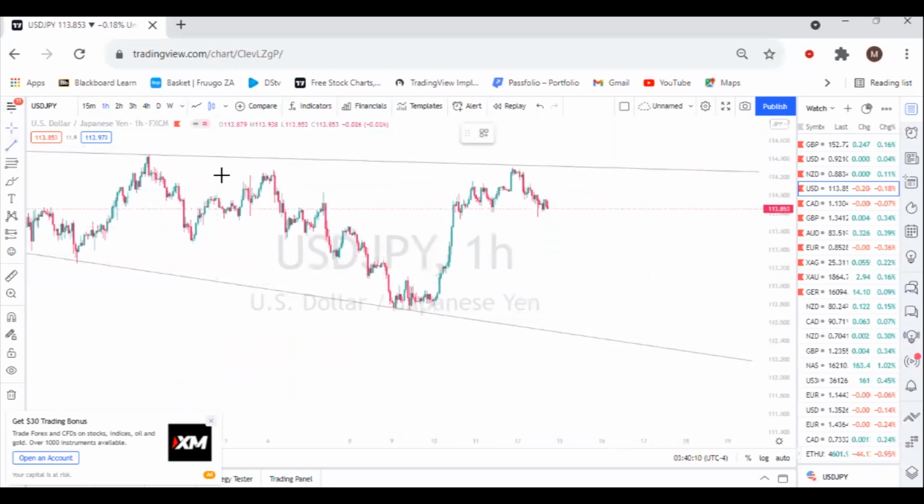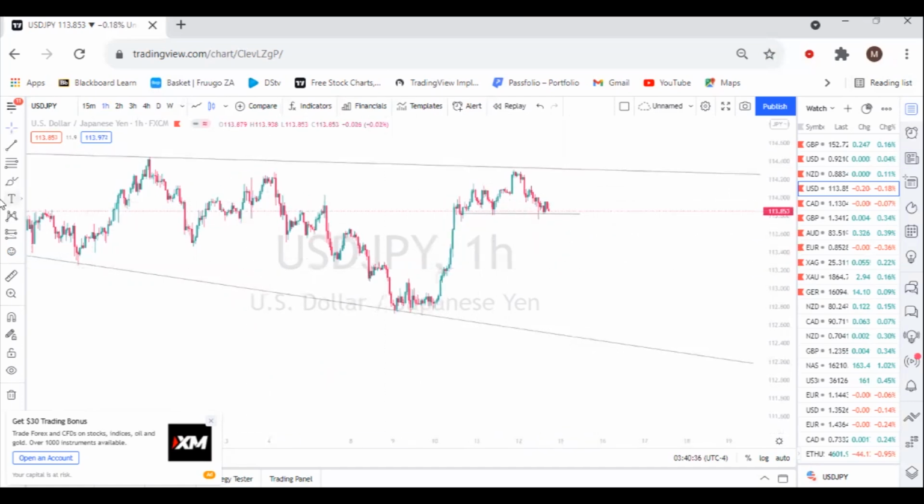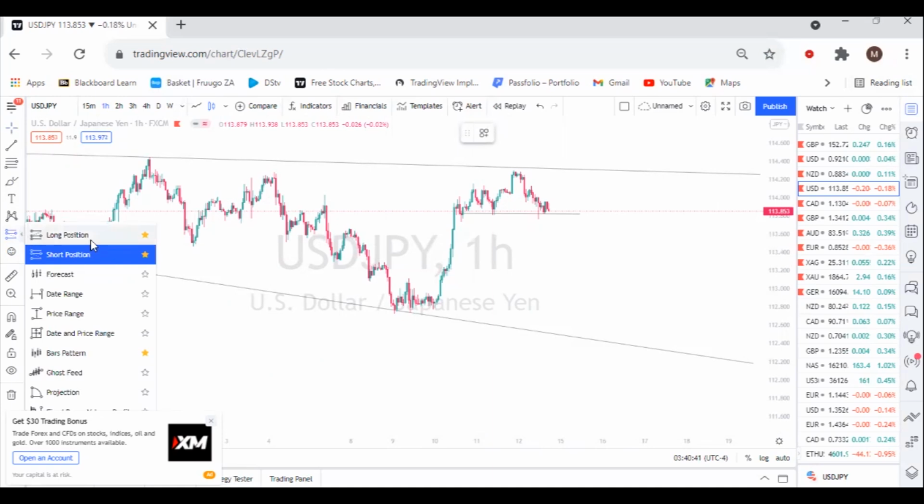So looking at it, we can see that we are having 3 touches right here. So this was our first touch, second touch, and our third one, which means we are expecting a buy from this point.